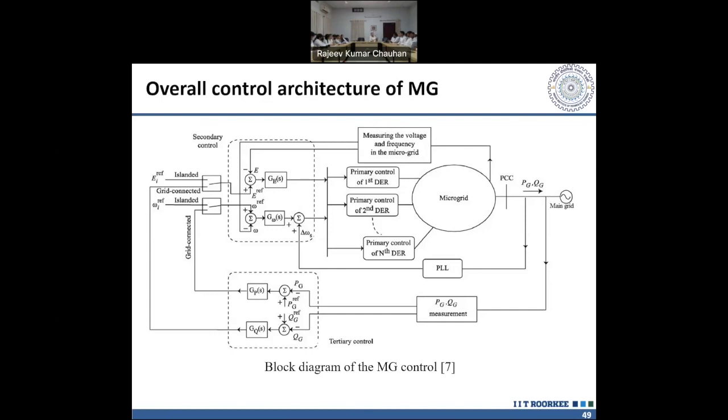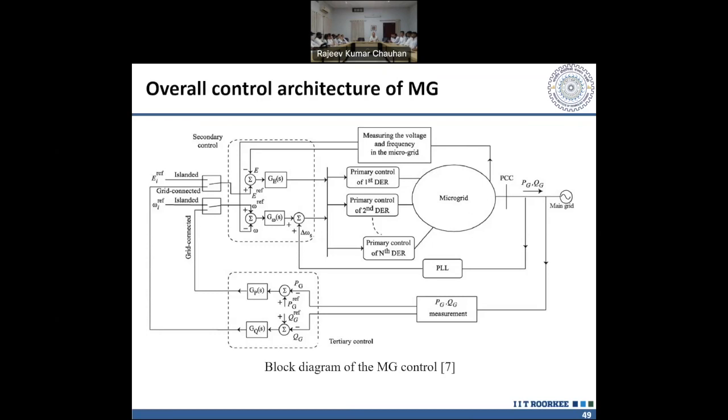But now you don't want this voltage to be at the lower value and the frequency to fall down. So you have to recover this. How to recover it? By supplying more electrical power. That is called your secondary control. Giving more real and reactive power comes under the category of your secondary control.